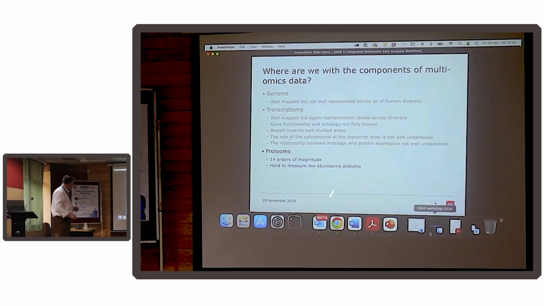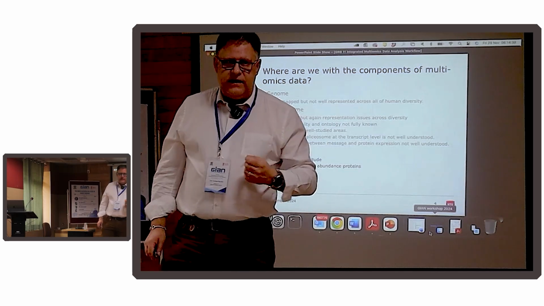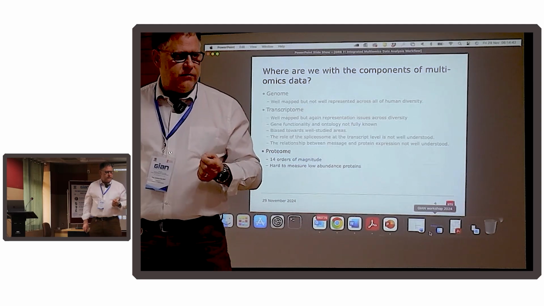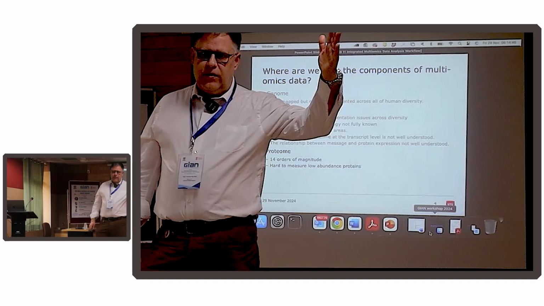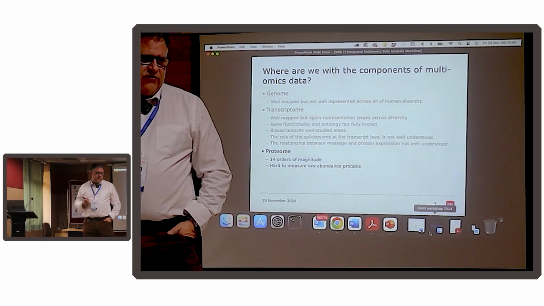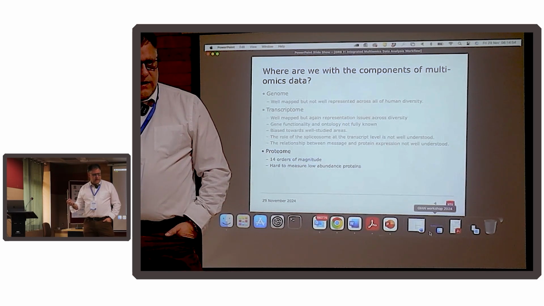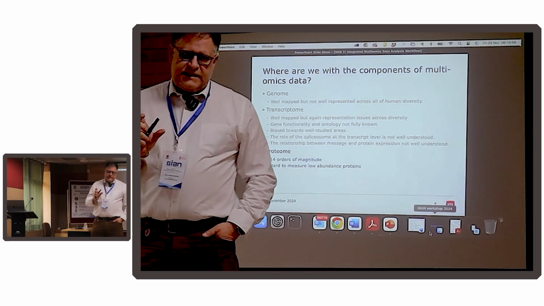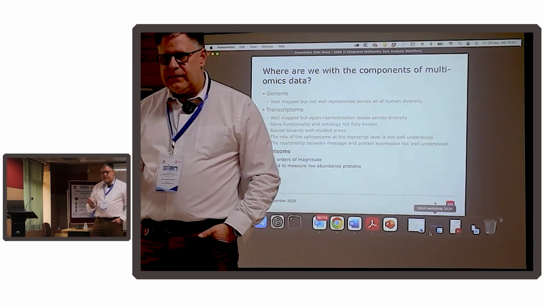The proteome is challenging. There are 14 orders of magnitude of expression of the protein in the human body, going from probably albumin on one level to proteins that are expressing at sub-picomolar levels. At the minute, we can probably measure 7, maybe 8 orders of magnitude with proteomics.